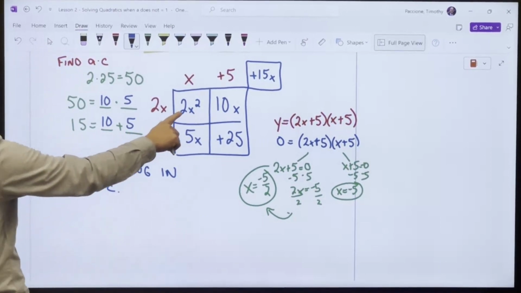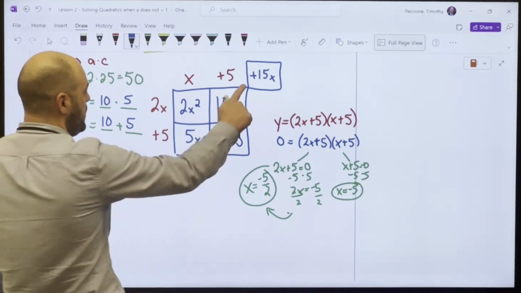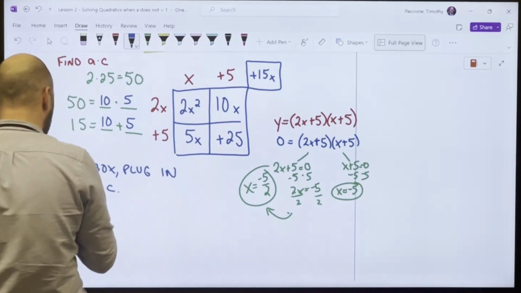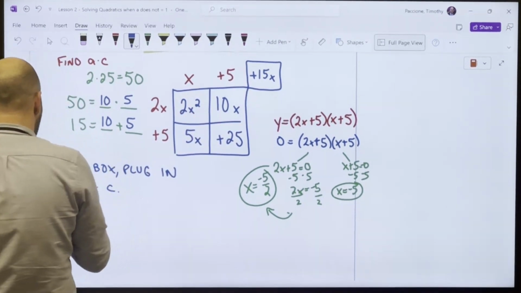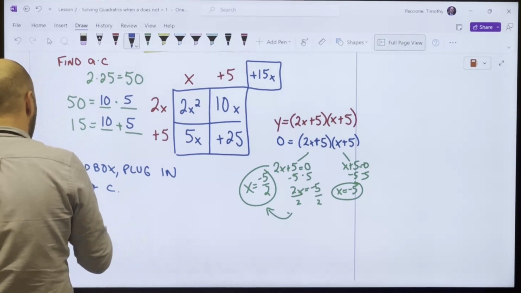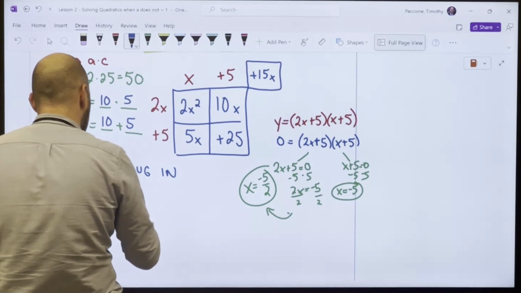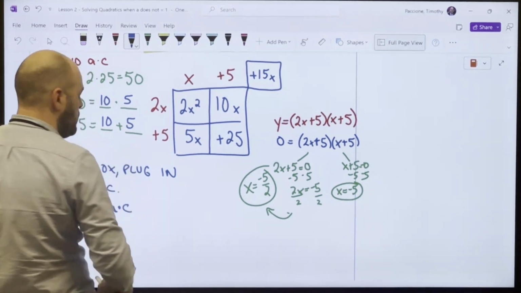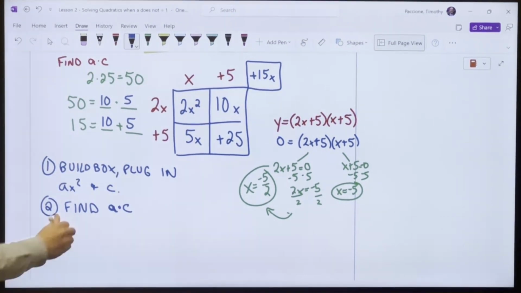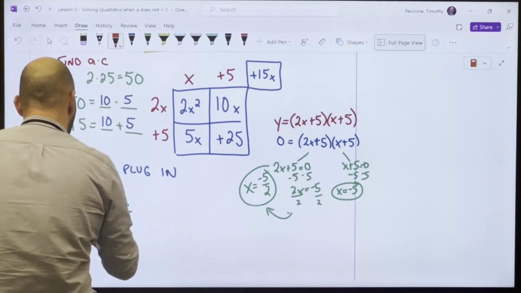That's what we did first. We did ax squared and c. And we put an extra box on it. Then we find a times c, right?